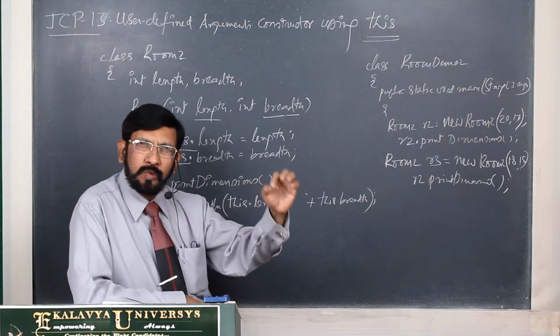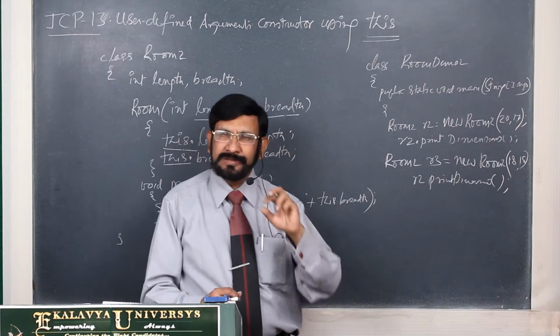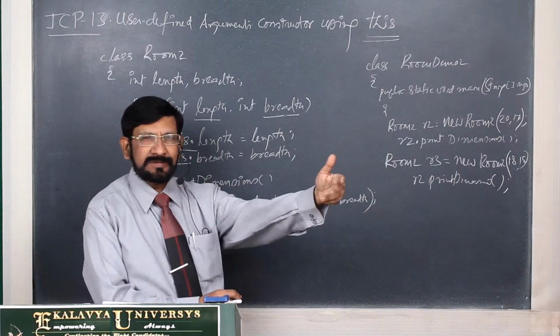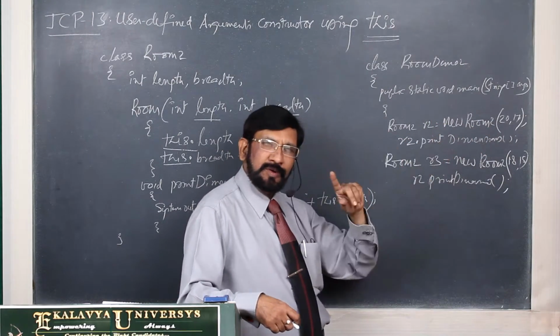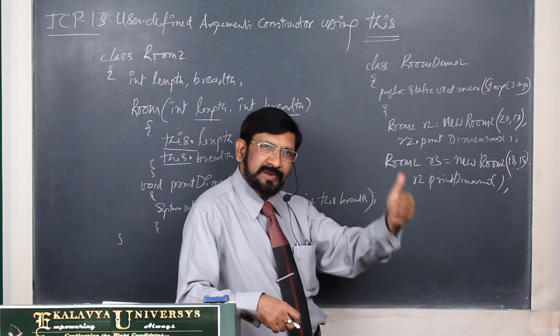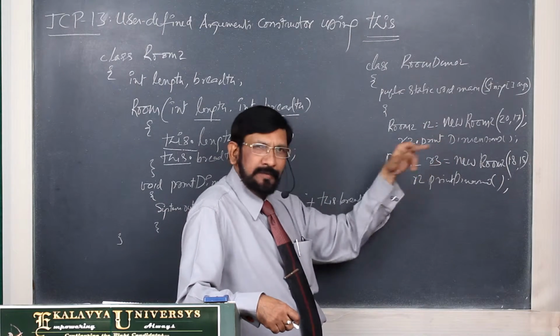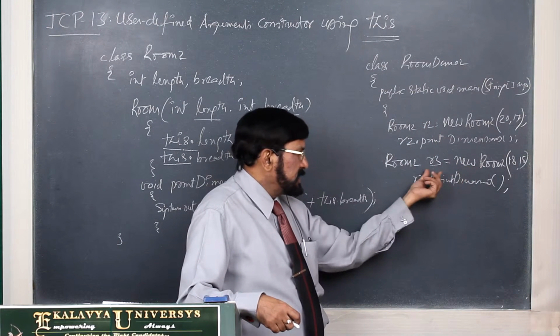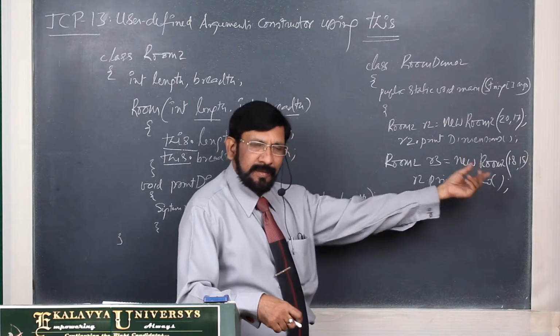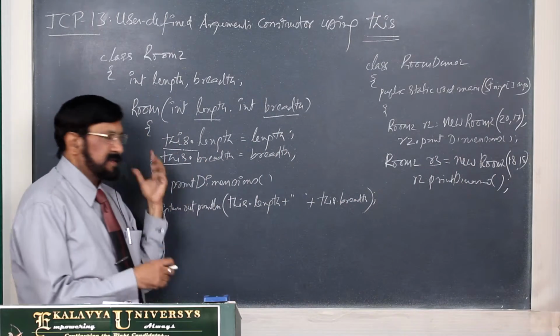So who is calling the constructor? Otherwise, simply call it, who is the boss? For this constructor the boss is R2, so this acts as a representative, or synonym, of R2. In this case R3 is calling the constructor, so this represents R3.